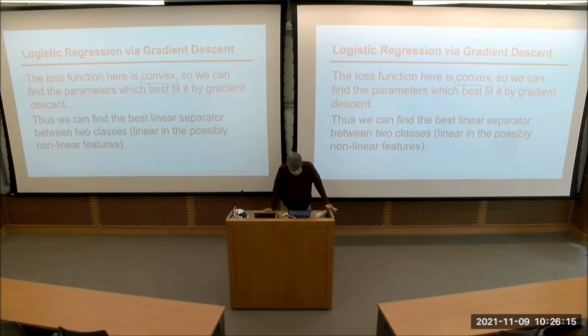And in the course of finding that, we will find the best linear separator between two classes. Any questions? And as I said, it's linear in features that might be nonlinear. So in principle, if you're smart enough to put the right features in, you can find the shape that you want. Any questions?